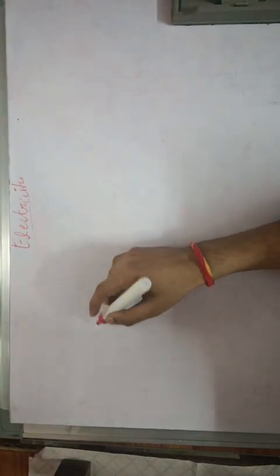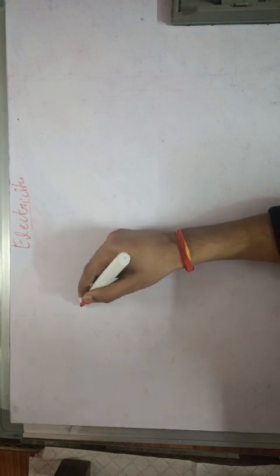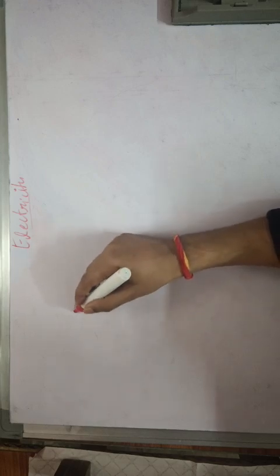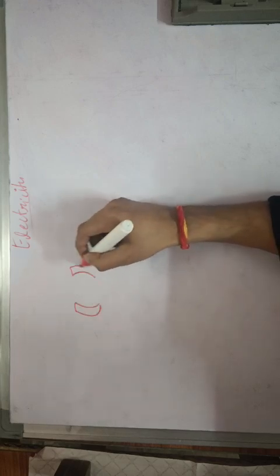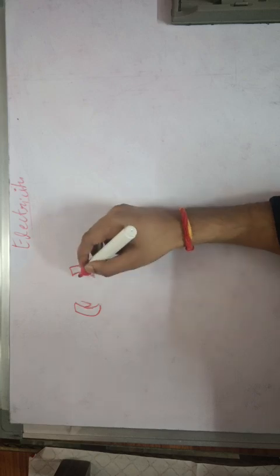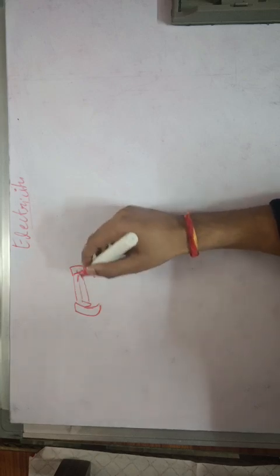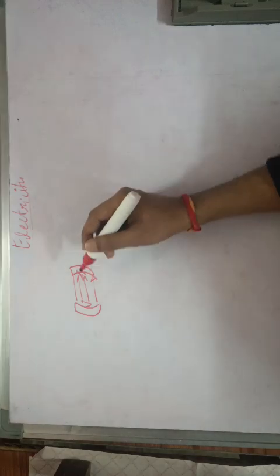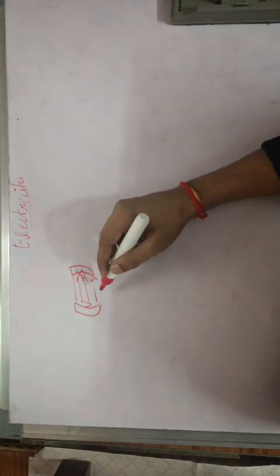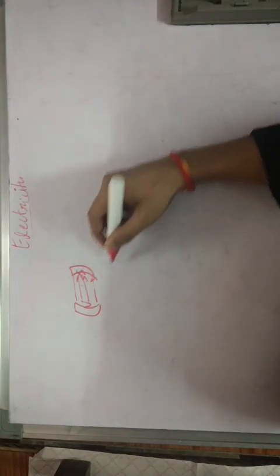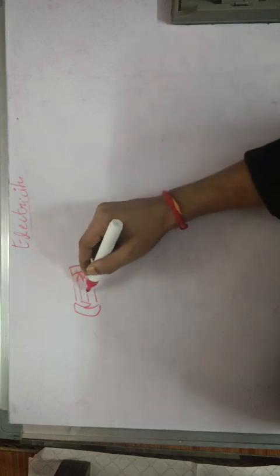A galvanometer is simply a device in which there are two magnets, let's say north pole here, south pole here, which create some fields, and there is a coil in this.